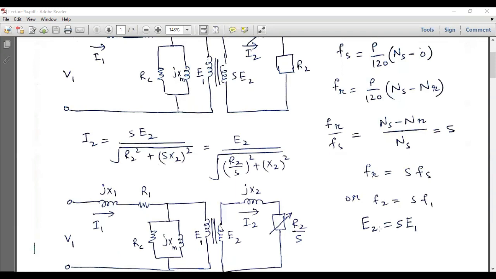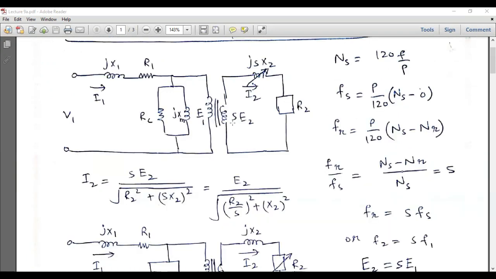So we have to write E2 is equal to sE1, and if the slip is zero, there will be no induced EMF, and E2 will be equal to zero, and otherwise E2 is equal to sE1. The maximum induced EMF across the rotor side will be equal to the induced EMF at the stator side when the slip is 1, or when the rotor speed is 0, or at the starting condition. So these are some fundamental concepts behind the equivalent circuit of the induction motor.